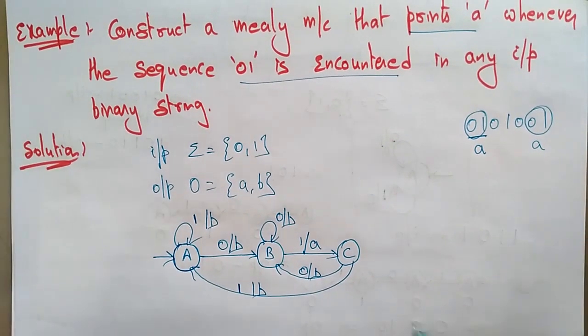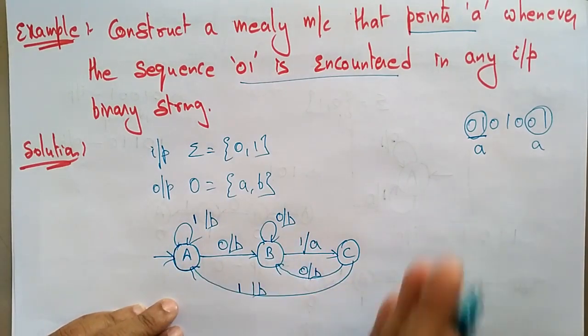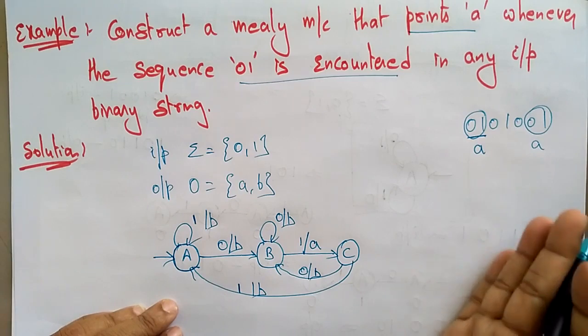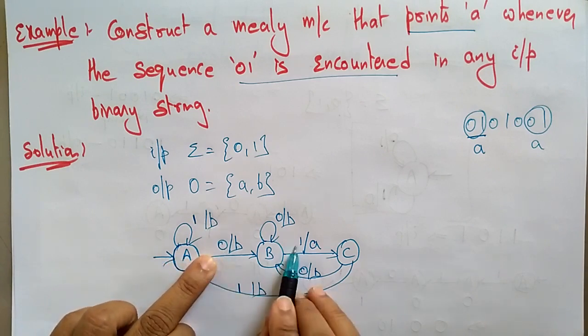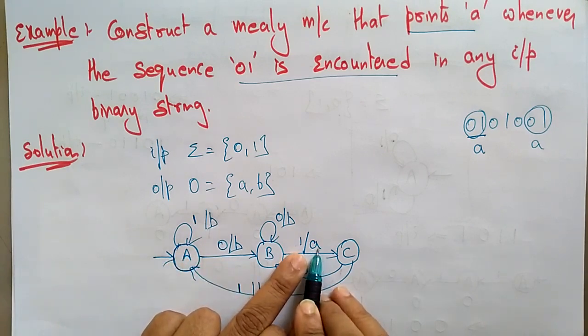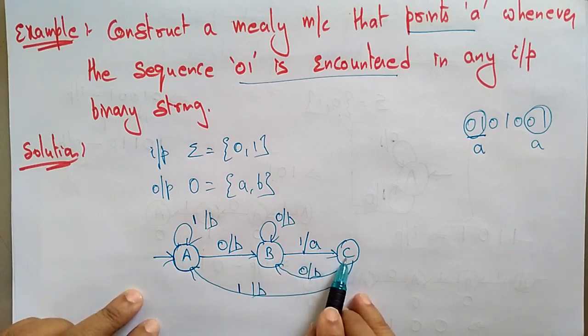Whatever string you take, whenever the sequence 01 is encountered, it prints A. Suppose I take a simple 0, 1, 0, 0, 1, the final output it generates is A whenever 01 is encountered. Let me take 0, 0, 0, 0, 1.